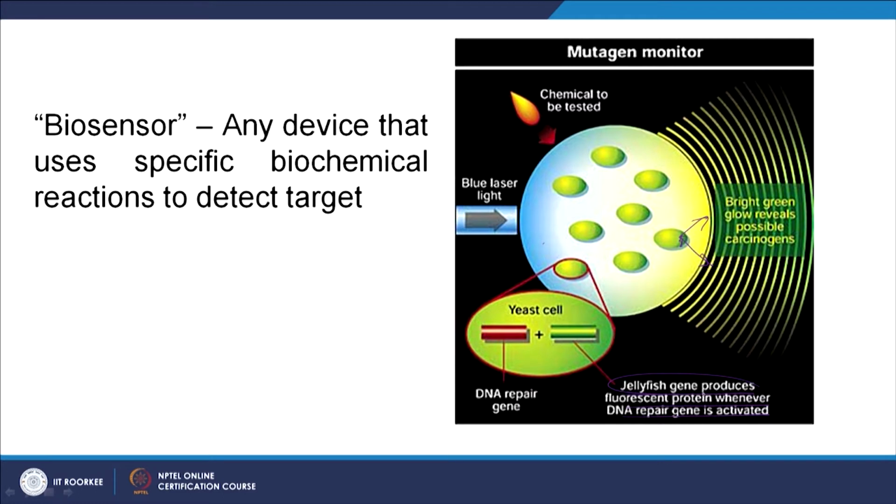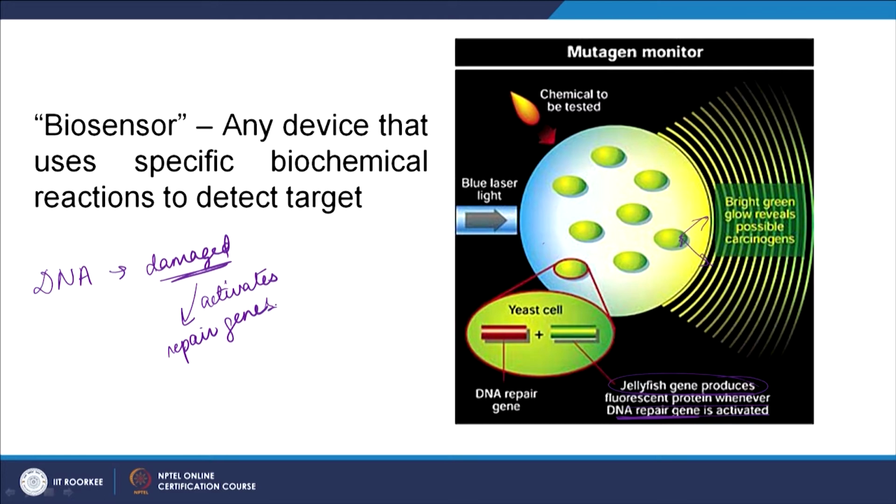So you are using this gene from jellyfish, and why would a DNA repair gene be activated? Because there is damage in the DNA. So the way the mutagen monitor works is that there is DNA, it gets damaged, and when DNA gets damaged, it activates repair genes, because the damage could be deadly for the cell or not helpful for the cell.